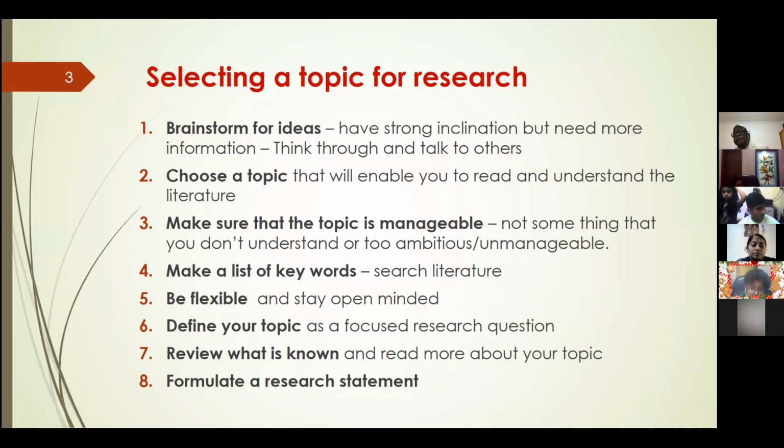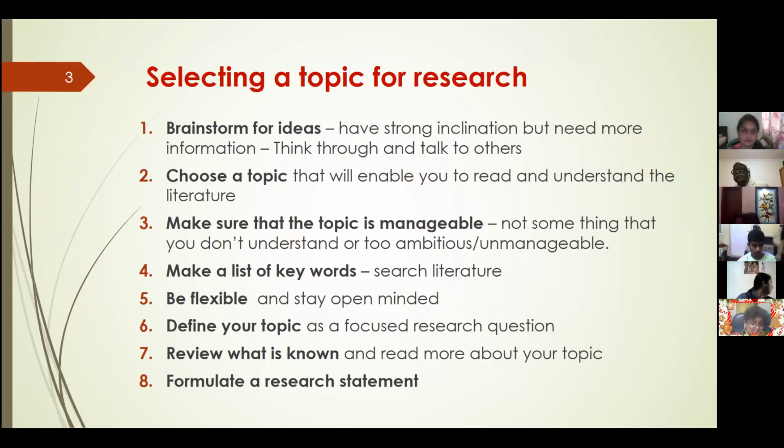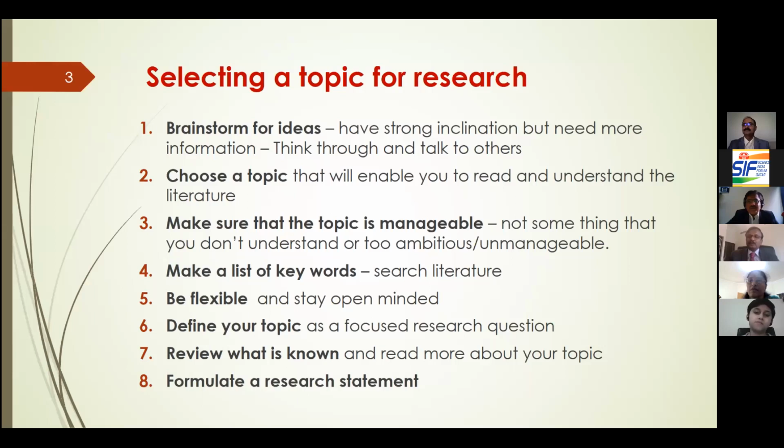Once you've identified the topic, you need to find some keywords so that you can search the literature and see what has been done about it. When you read through this literature, you have to be flexible and open-minded. It is possible that the idea you're thinking of is already completely done, but you will find something new, something different that you can work on.